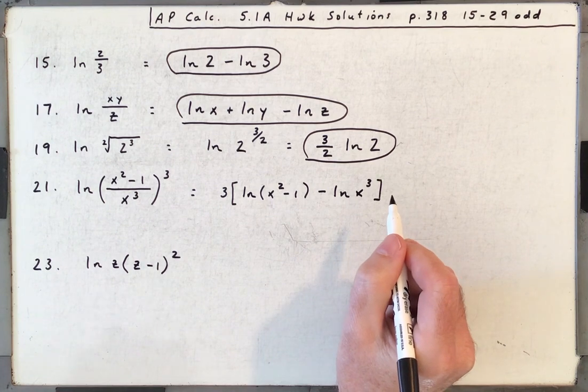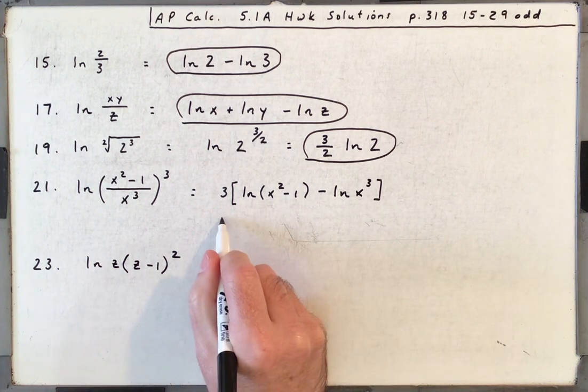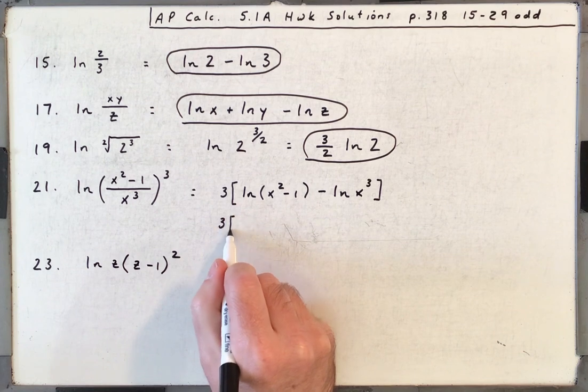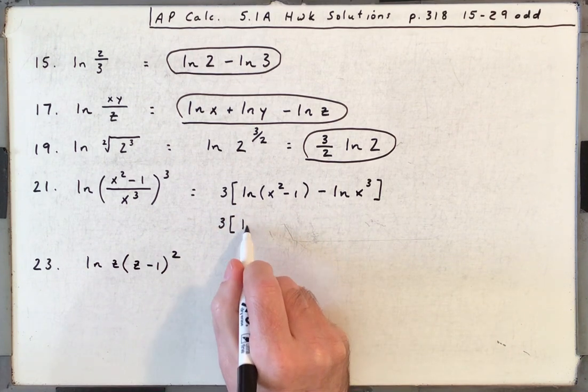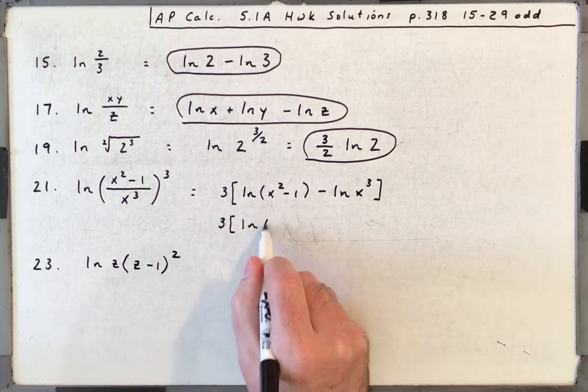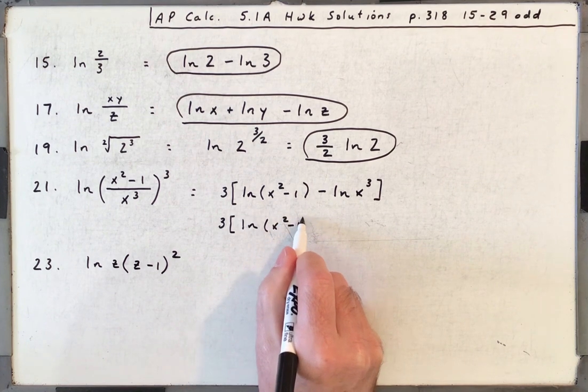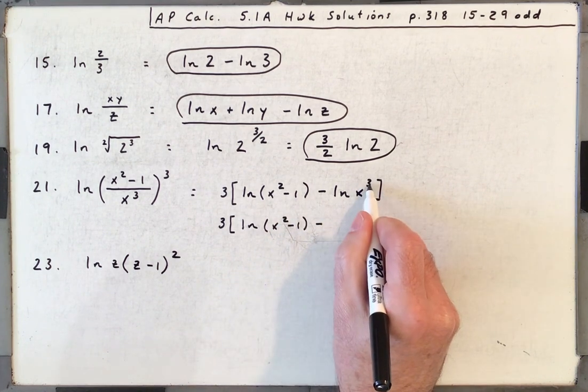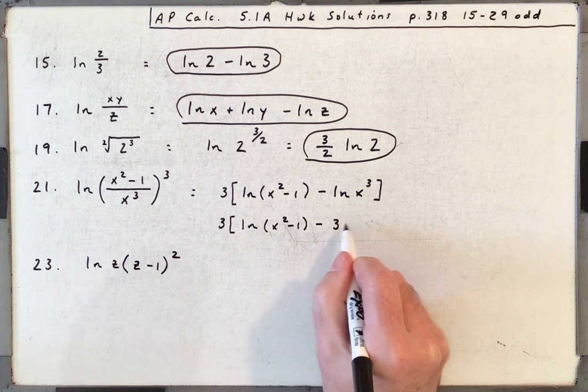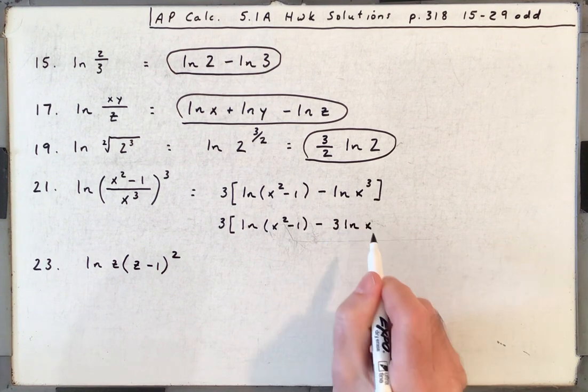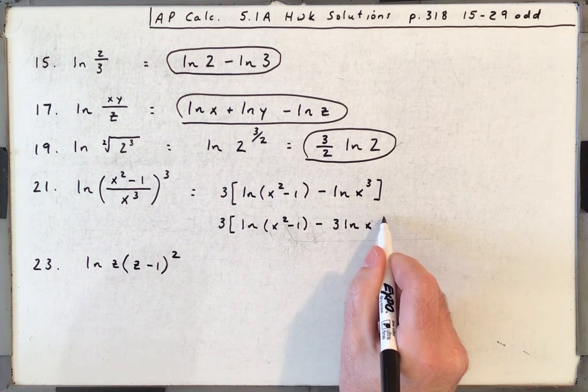Okay, so then we would have 3 times the natural log of x squared minus 1 minus, and we can bring this 3 out front, 3 natural log of x.